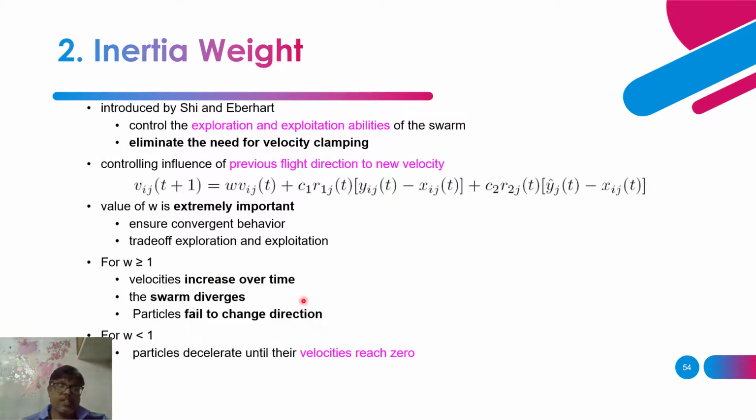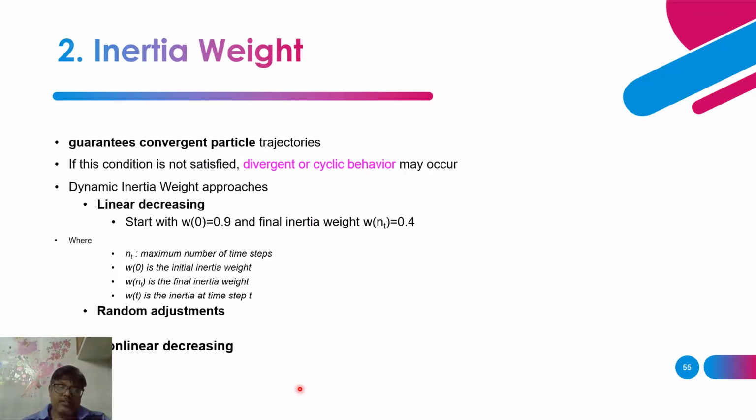Whereas when W is less than 1, the particles decelerate until their velocities reach 0. So this guarantees the convergence of the particle trajectory, and if this condition is not satisfied, divergence and cyclic behavior may occur.